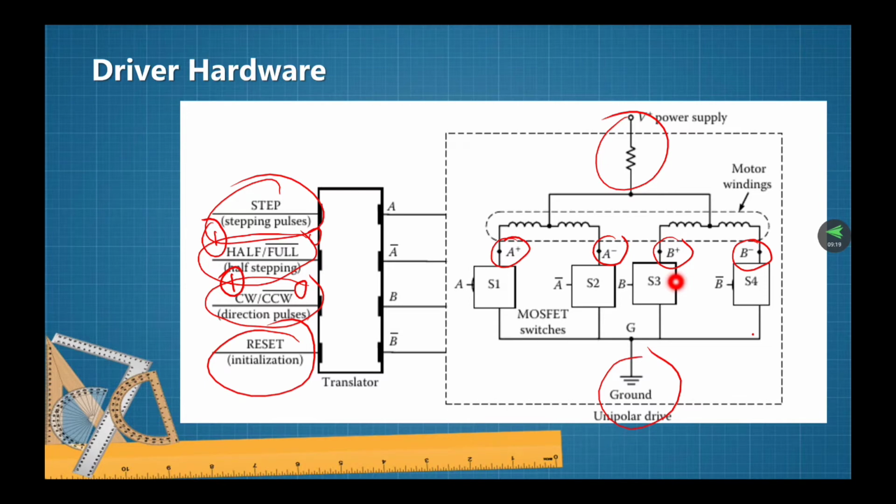A schematic representation of a bipolar drive for a single phase of a stepper is seen in this figure. When the 2 transistors marked A are on, okay, these are the two transistors in here.